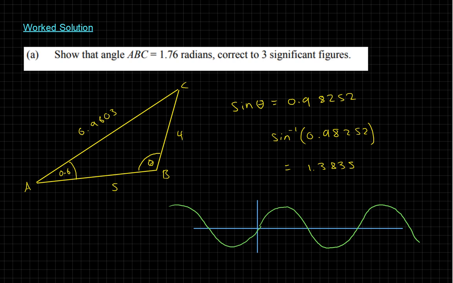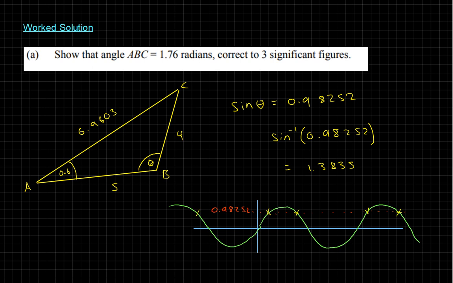So that's just a little bit less than 1, which is in fact the maximum value that sine of an angle can ever take. So, imagine you've got this horizontal line, and that's at 0.98252. And the calculator will only be able to give you one of the solutions, right? There are many solutions. There's this one here, there's that one there, and so on.